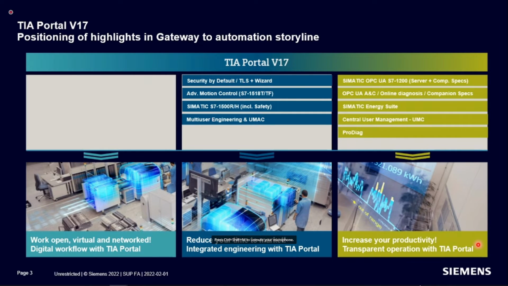All these were covered in previous slides, but multiuser engineering now helps not only reduce the engineering time but also keep version control of the different versions of the project. In multiuser engineering, we normally have an engineering platform for different engineers working in different sections of the program.